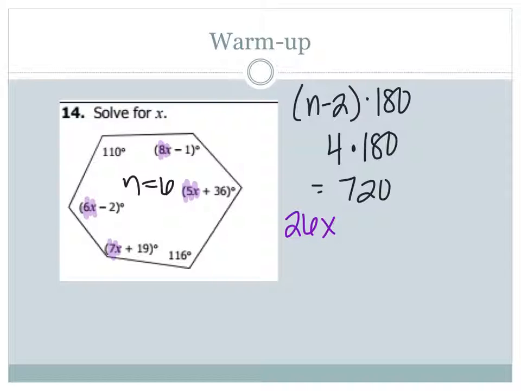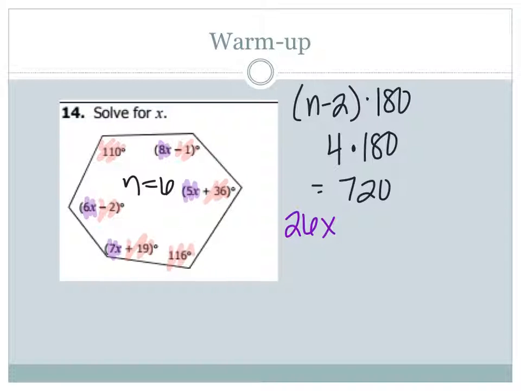And then I'm going to take all my constants, my whole numbers, I guess: 110, negative 1, 36, negative 2, 19, and 116. I'm going to add all those together.